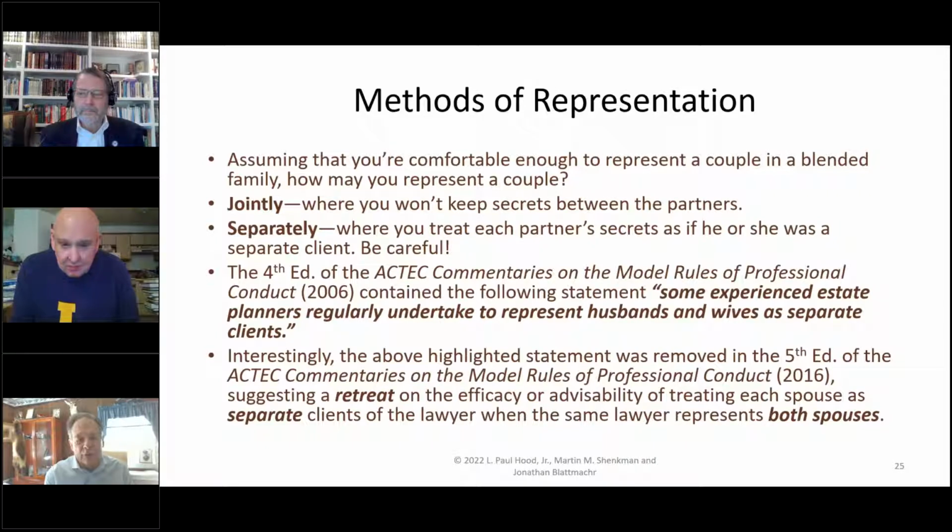And husbands and wives don't always see eye to eye on this, so the attorney is always in a position of compromising. And yes, I used to represent husbands and wives, but I would make them sign a letter in which the spouses acknowledge that there could be a conflict, and if it becomes a serious conflict, then we may have to resign from representing both of them.